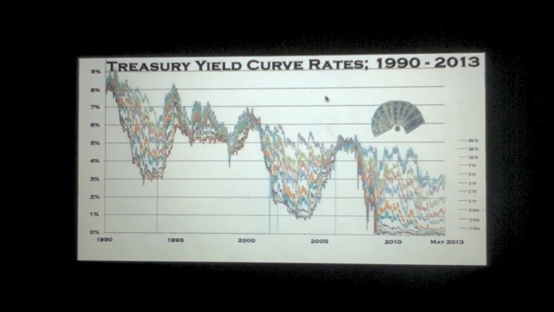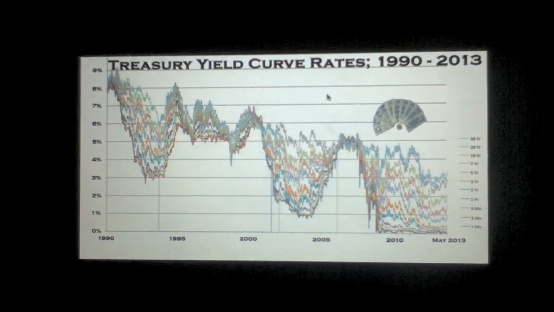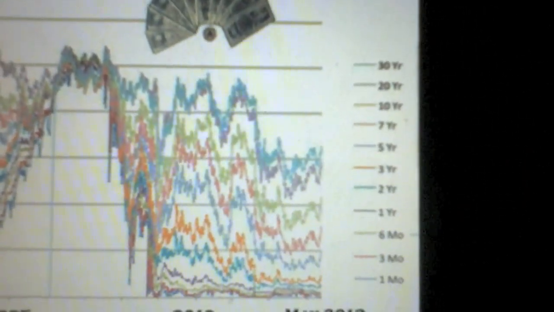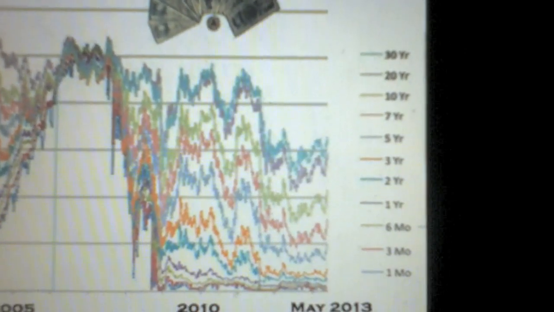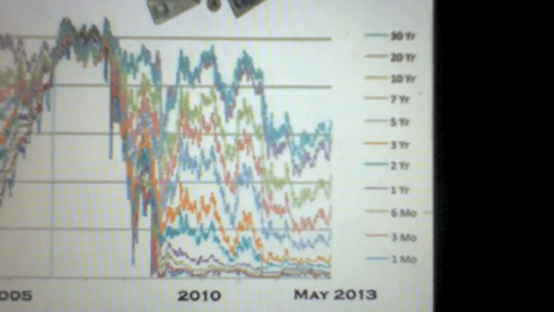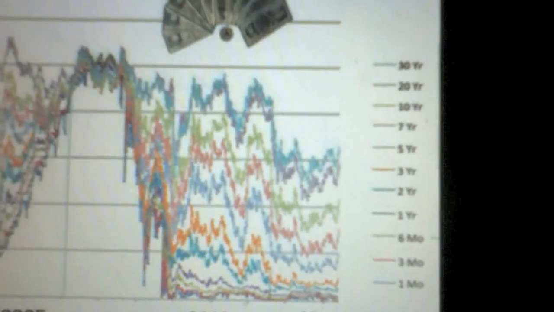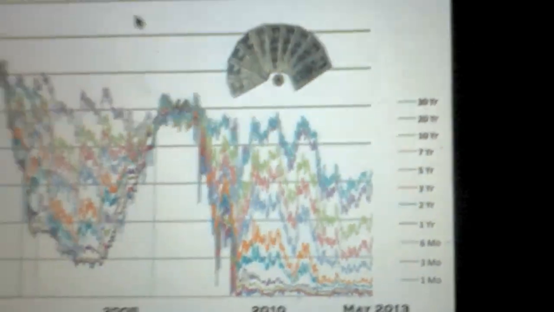So this graph may look a bit overwhelming at first, but it's not as bad as it looks because all these are lined up by the length of the Treasury bond, and 1 month is at the bottom, 30 years at the top.